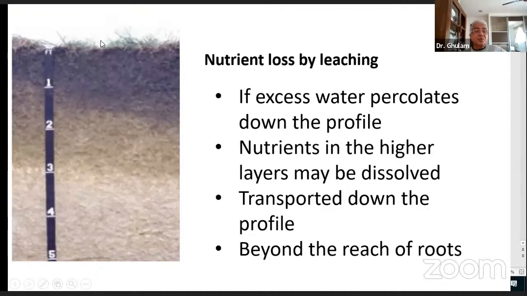And when it does so, there are some nutrients which are very soluble in water, and that excess water will continue percolating down the soil profile and carries with it the dissolved nutrients. So in this way, you also lose nutrients away from your agricultural system or from your backyard.